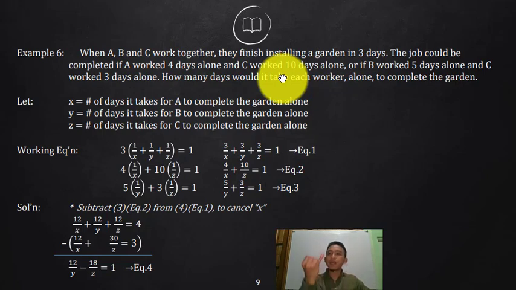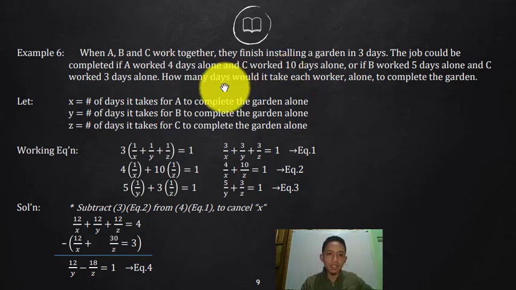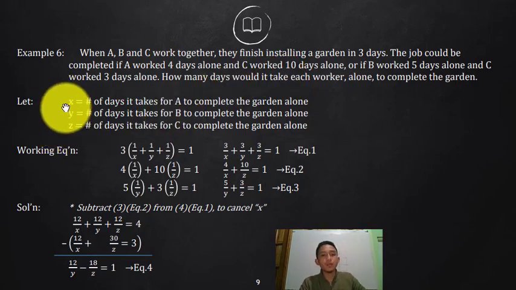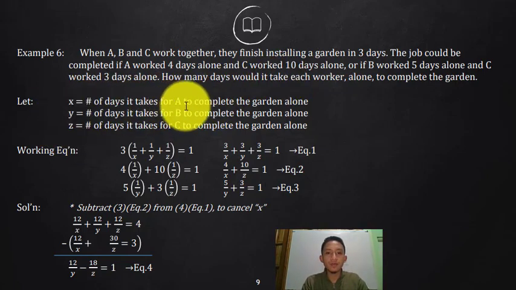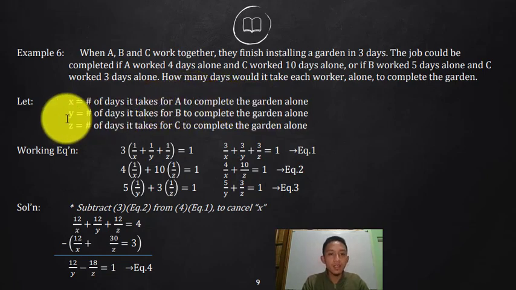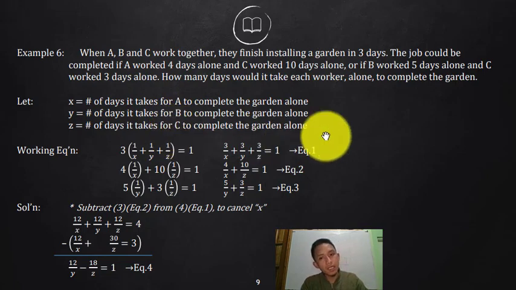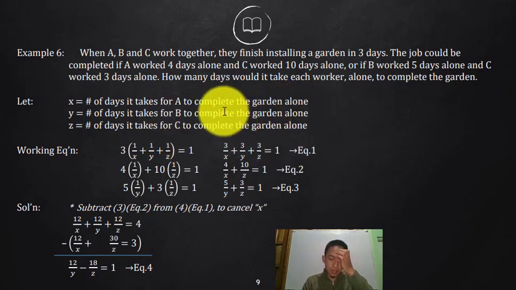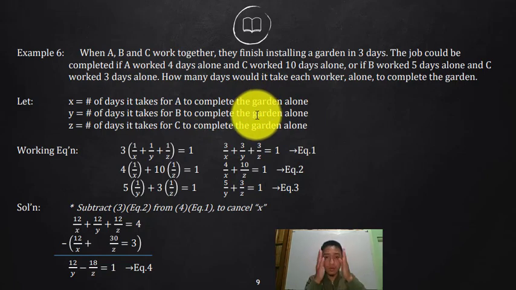There are 3 unknowns. Let's say these are my X, Y, Z. X for the number of days for A to complete the garden alone, Y for B, and Z for C alone. Okay, so those are my assumptions. Again, this is a work problem, so we will consider what they can do in 1 day.